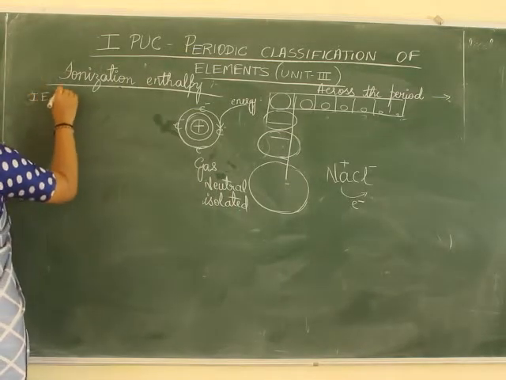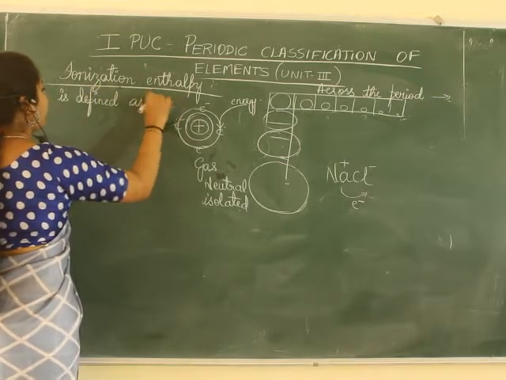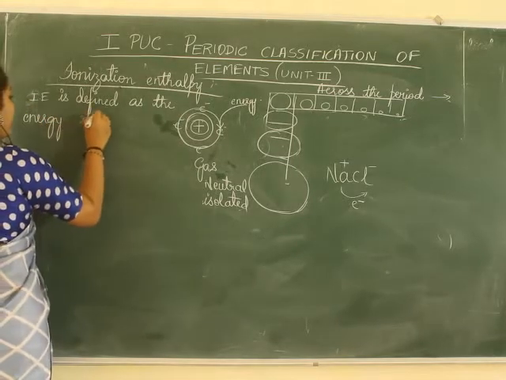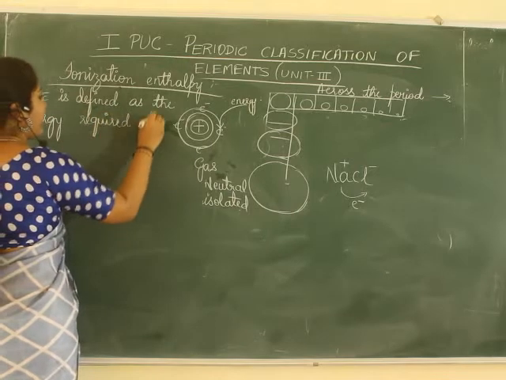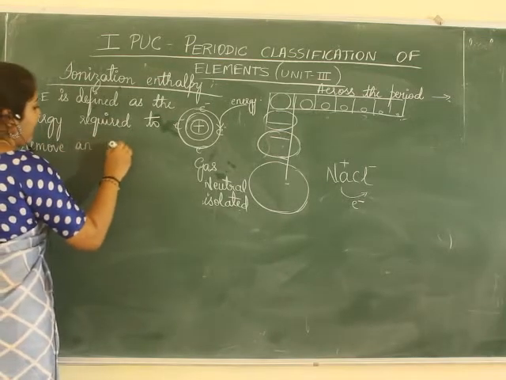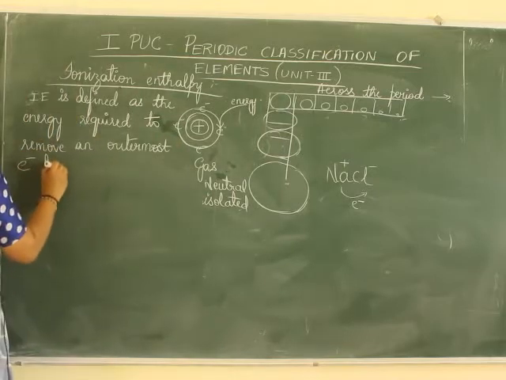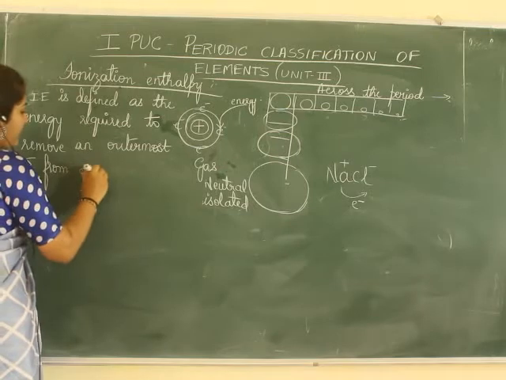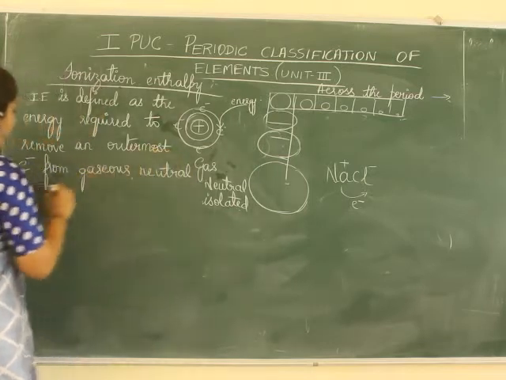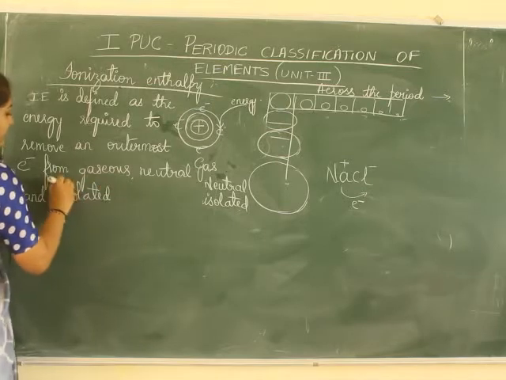Ionization enthalpy is defined as, or you can say it is a measure of, energy required to remove an outermost electron from a gaseous, neutral and isolated atom.